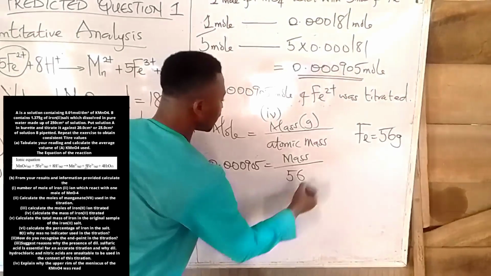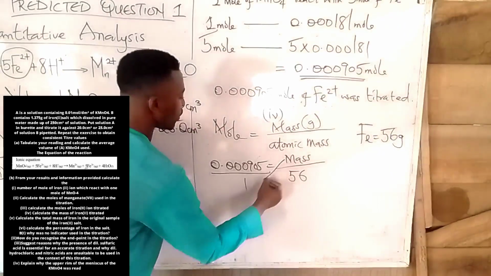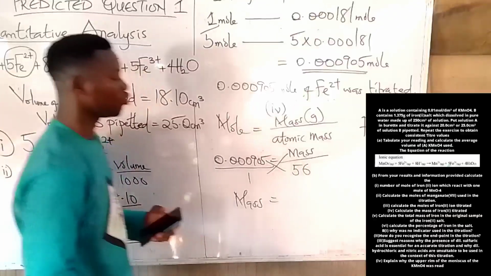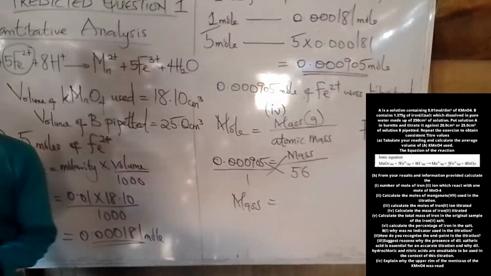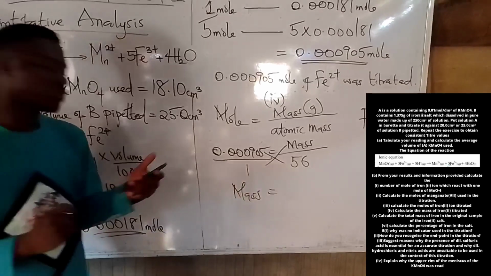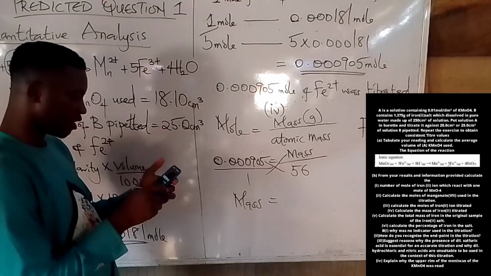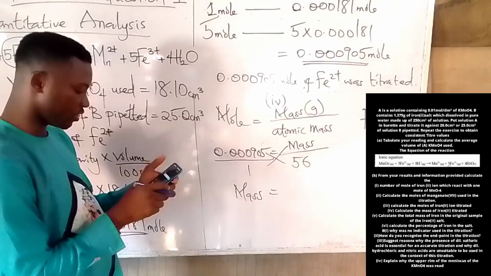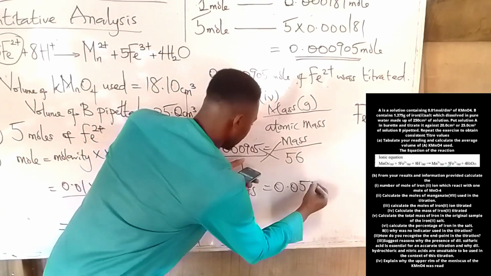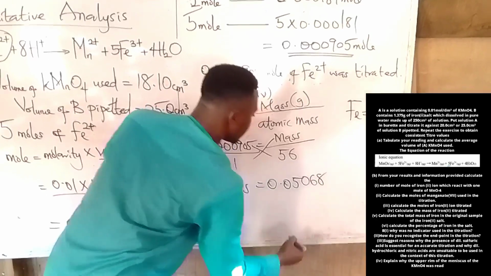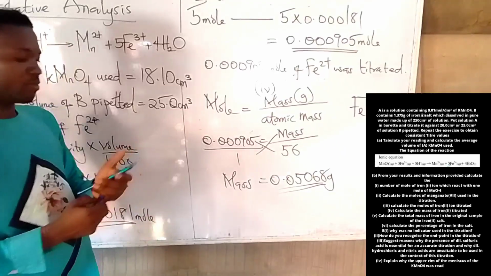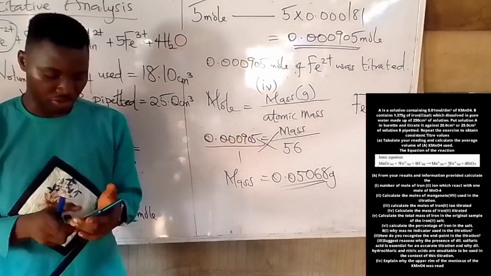When I cross multiply, I have my mass equals 0.000905 times 56. So I have my answer to be 0.05068 gram. So that's the mass of iron 2 titrated.